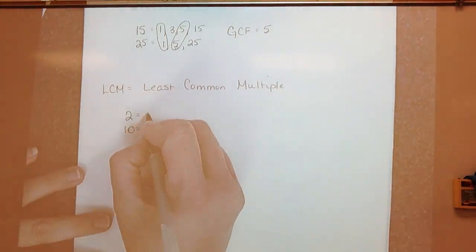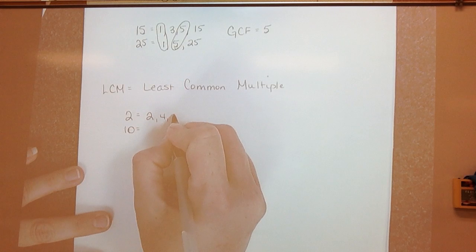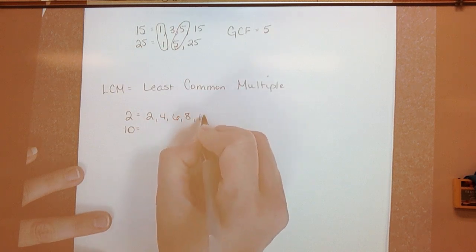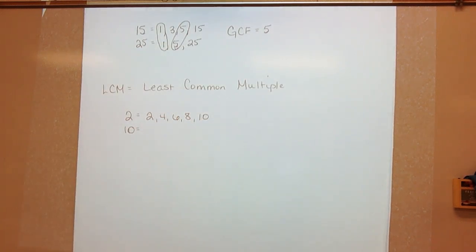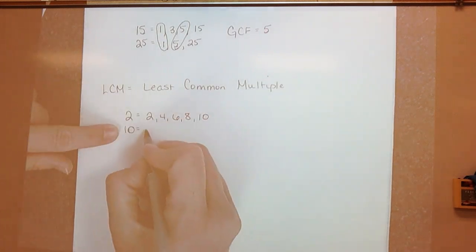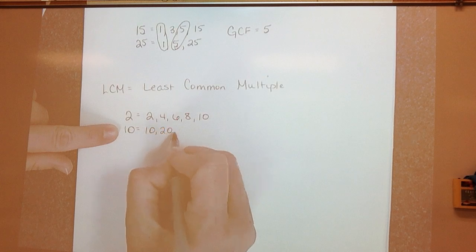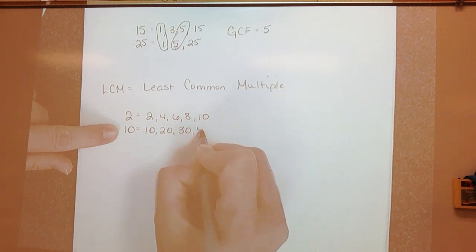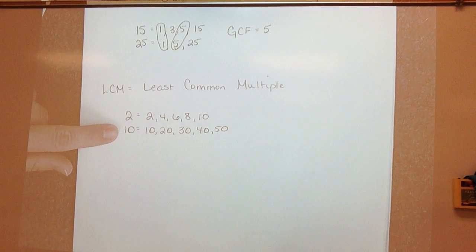So I have 2, 4, 6, 8, 10. List the first 5 multiples of 10. 10, 20, 30, 40, 50. This is where it's very similar to greatest common factor.